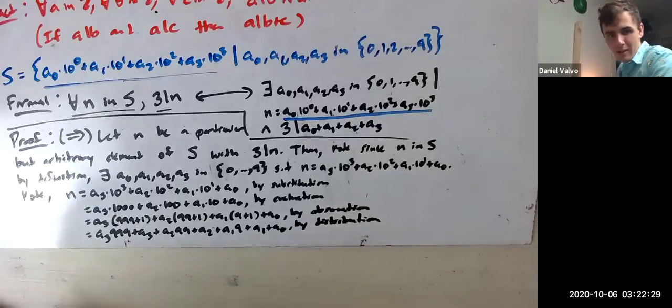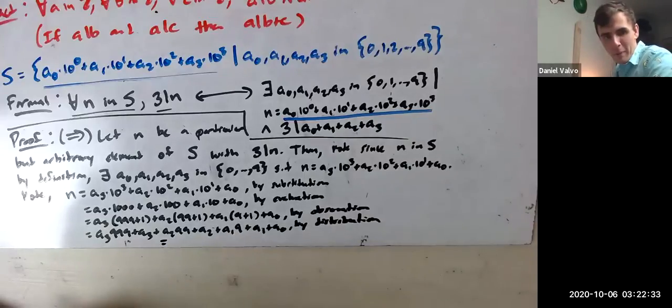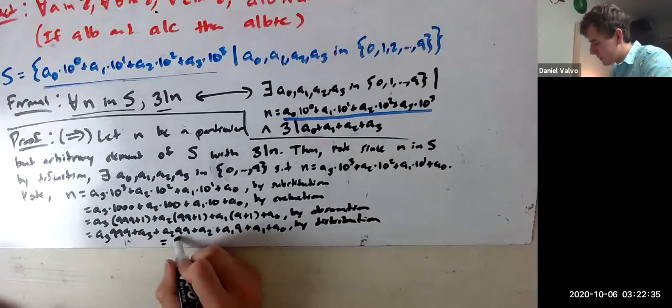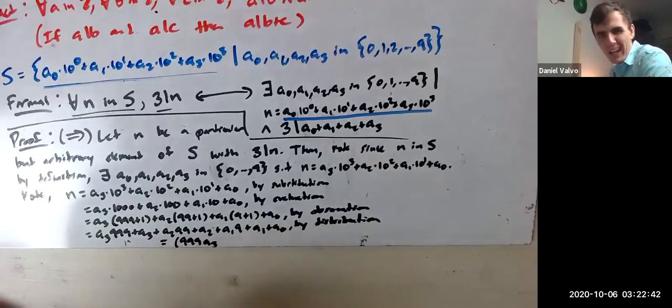And what's this equal? This is going to equal, I'm going to group them in this way, 999 times A3. This is because multiplication is commutative, and it looks weird to me to have a variable in front of a number. We normally put numbers in front of variables.